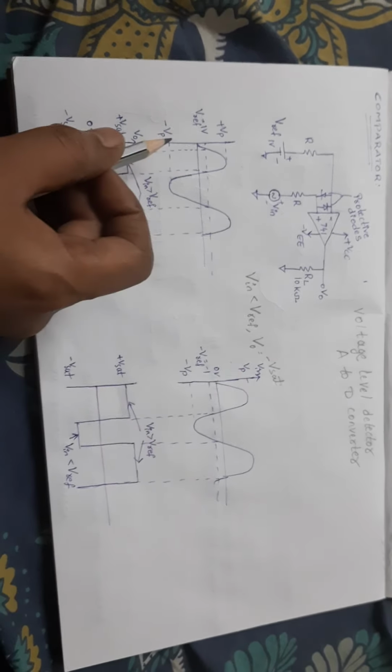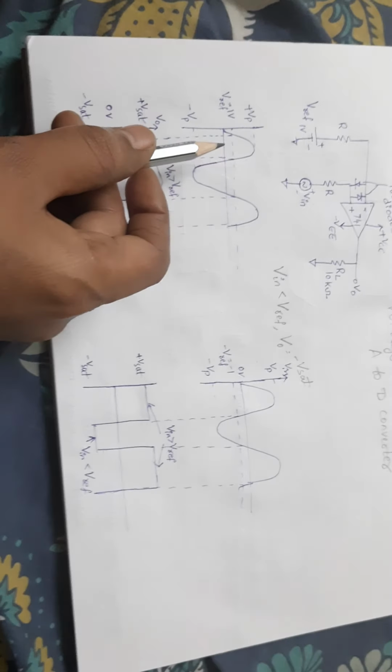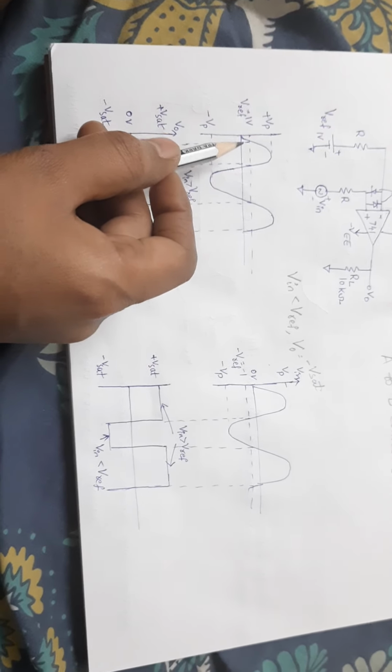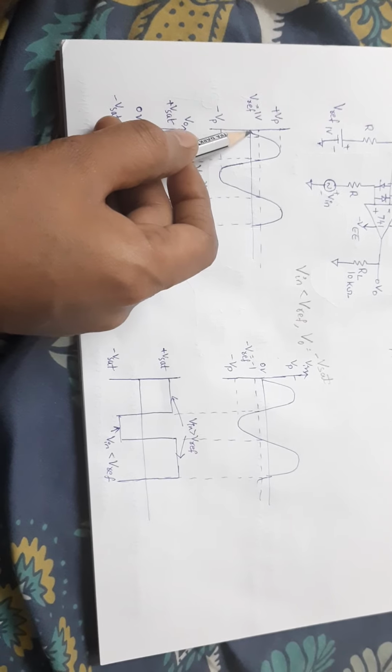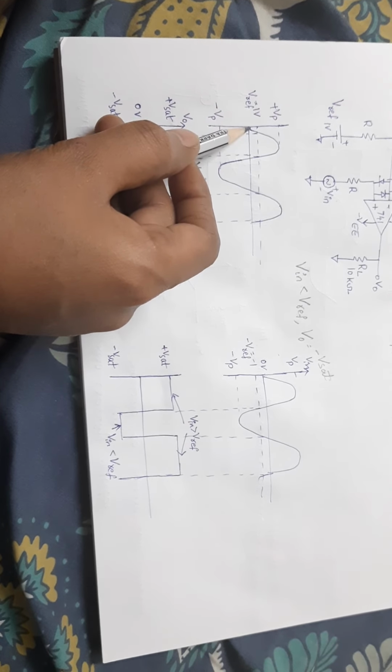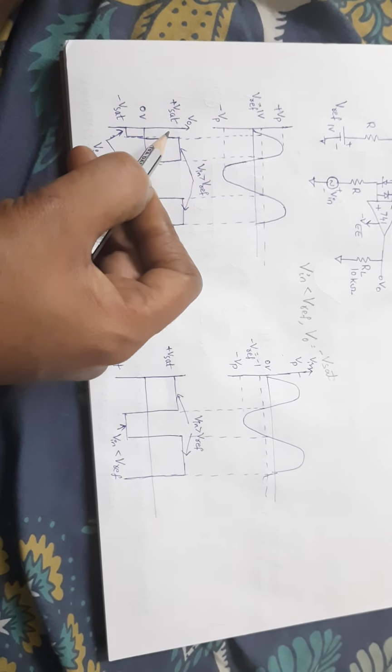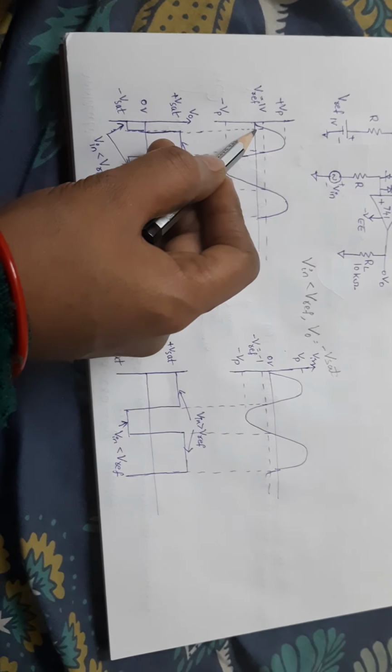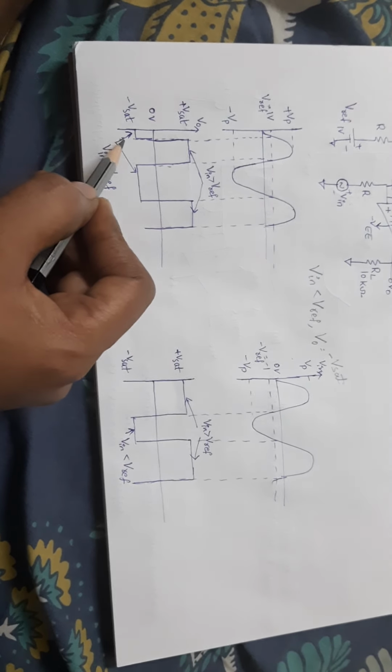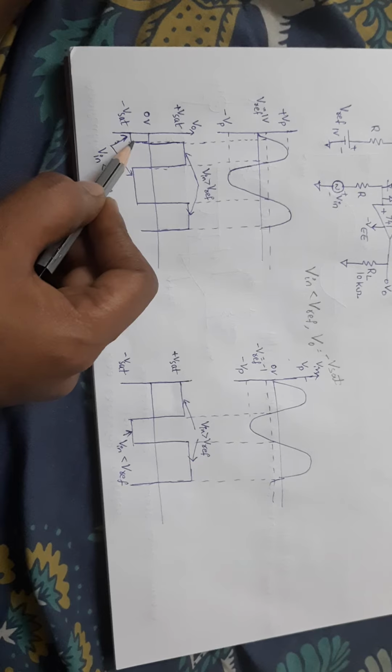Observe the waveforms here. Vin starts from 0, so it is less than the reference, and that's why the output is at minus Vsat.